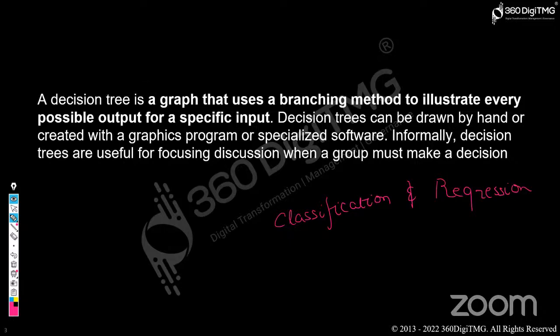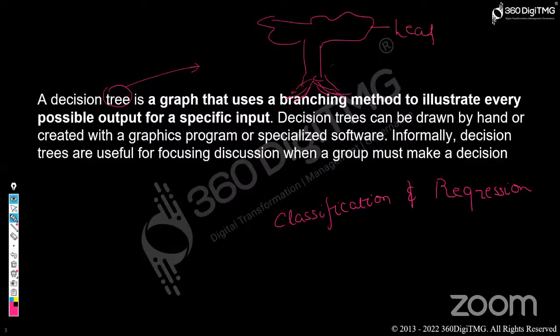If we talk about a tree, this is how your tree looks. It will have leaves and roots. This is your leaf, branches, and roots.